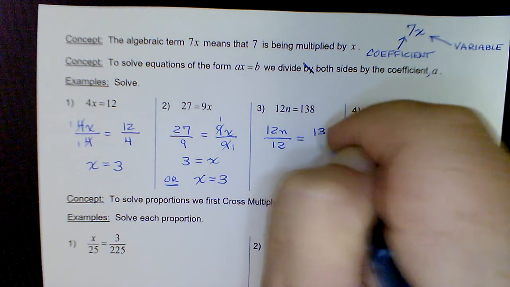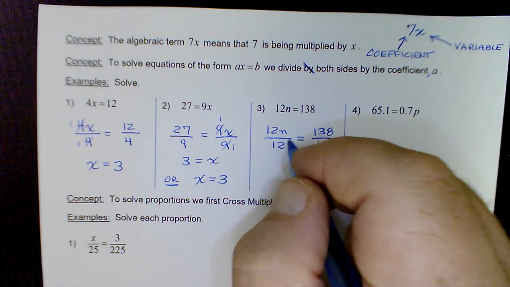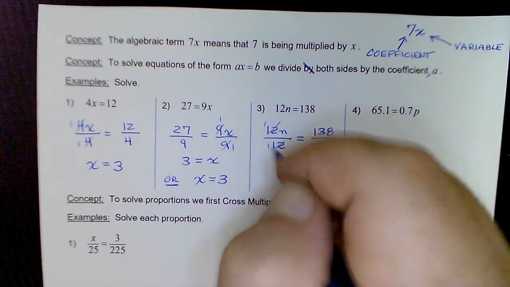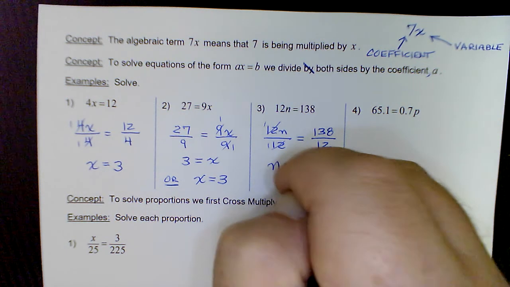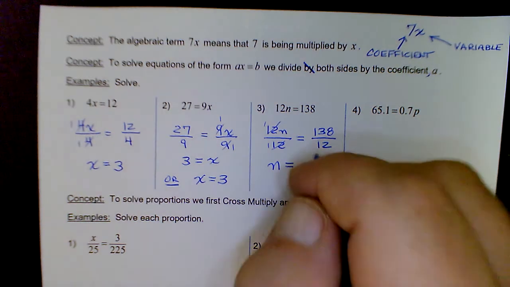What you guys probably say, the number in front of the letter, which is going to divide by 12. Again, the 12s cancel. We get n over 1, or just n. And here you could use your calculator. And we have 138 divided by 12, equaling 11.5.